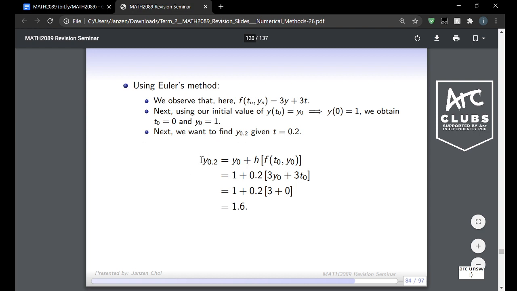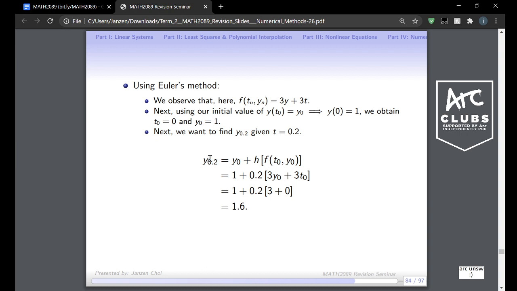They want us to find y at 0.2. So we're just using the explicit Euler method equation, and we're substituting the initial values to get the y value for a step size of 0.2, which is 1.6.